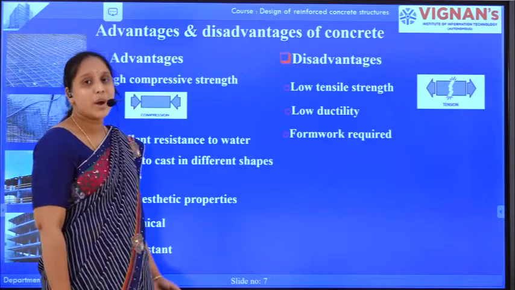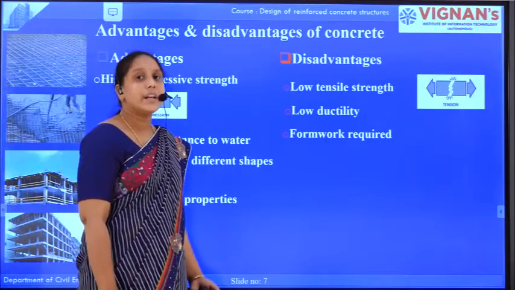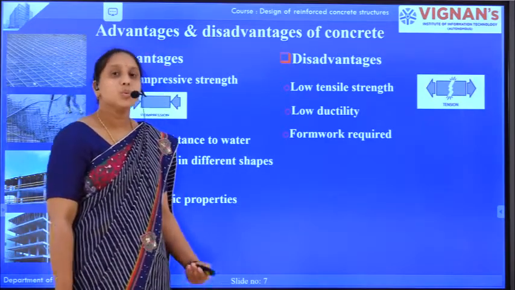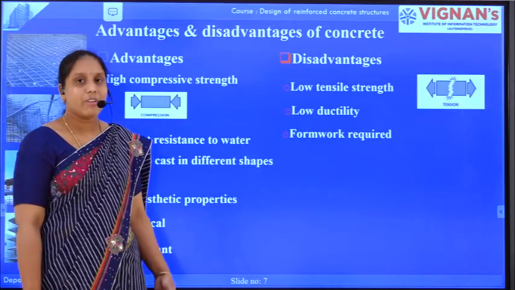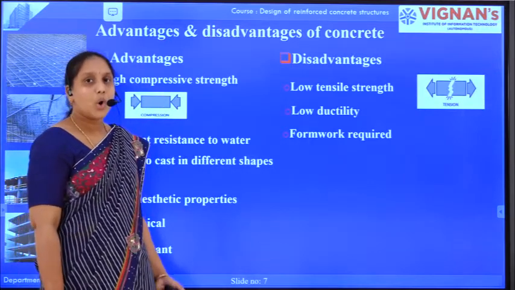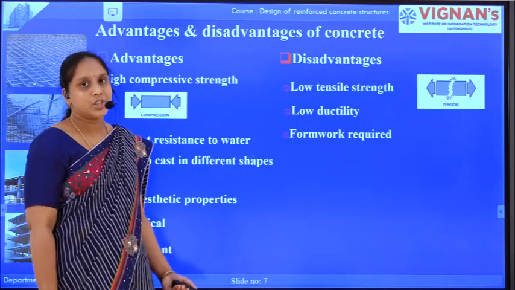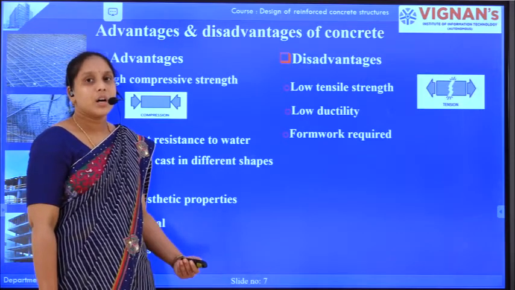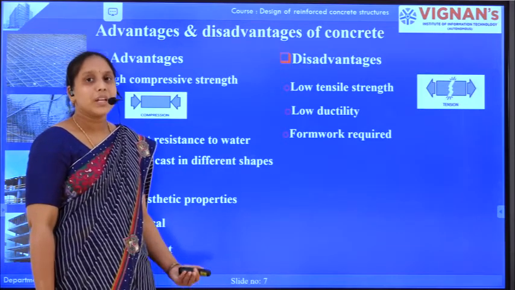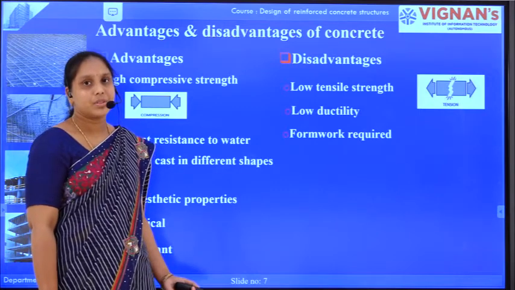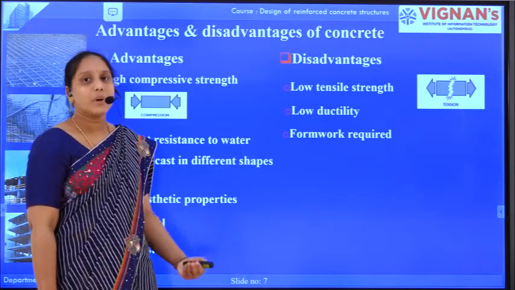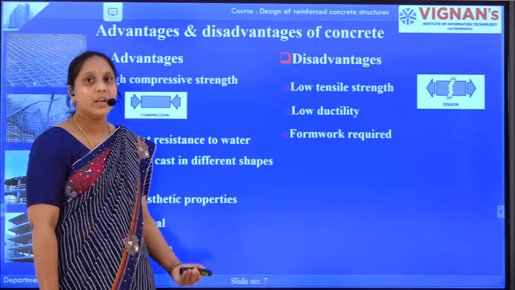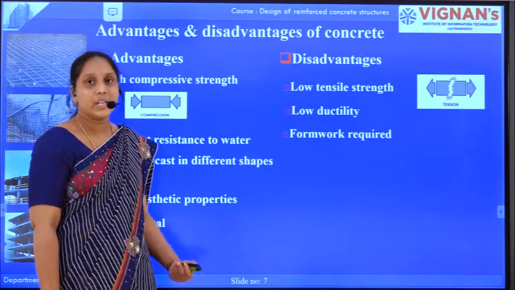And the next disadvantage is that concrete needs formwork. Why is formwork required? Because when concrete is in the fresh stage, if it is poured, it should have a base. Only then can that particular shape and size be retained until it hardens.